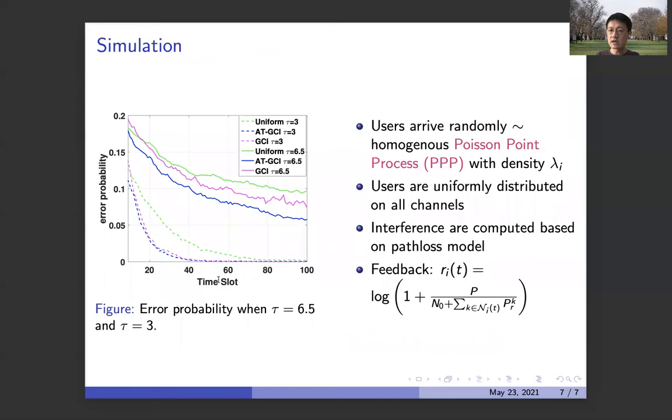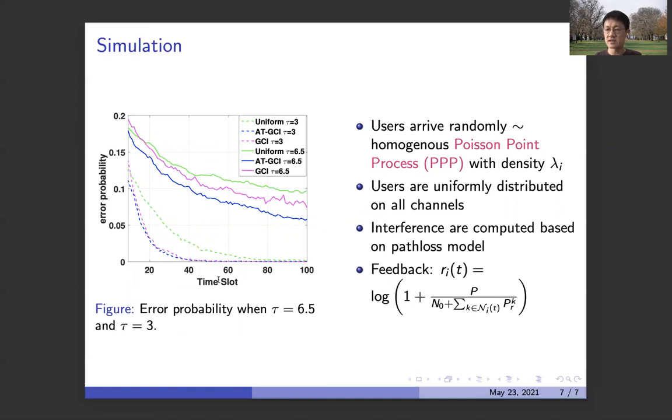Lastly, let's look at some numerical results. This is a fairly simple simulation. We assume there's a given square area where users are randomly dropped, following a PPP process with a given density. For every possible channel, we drop users with certain parameters, so different channels have different users who are already there.